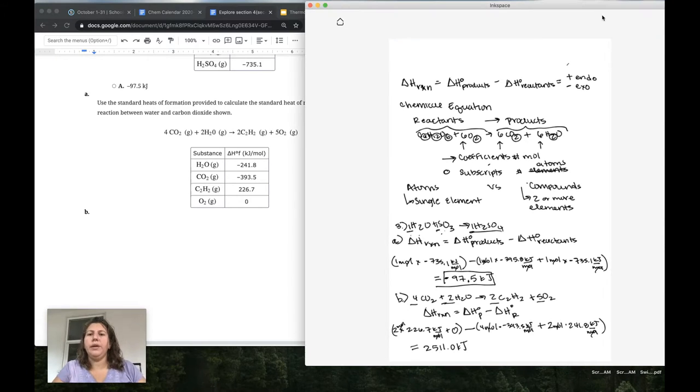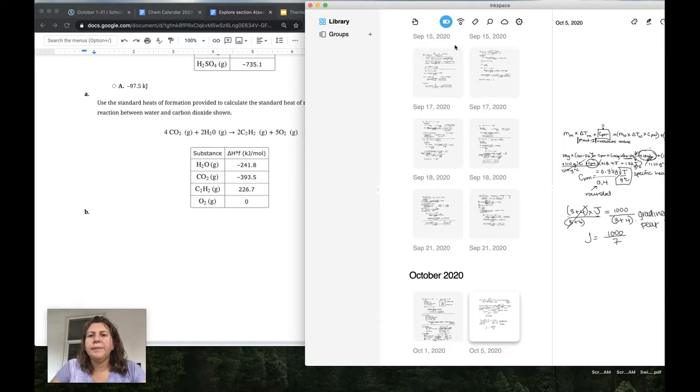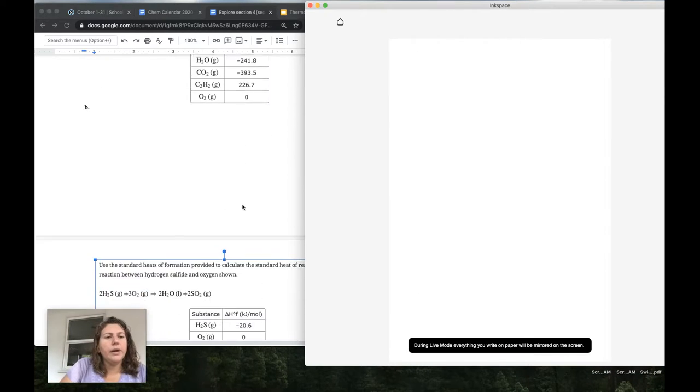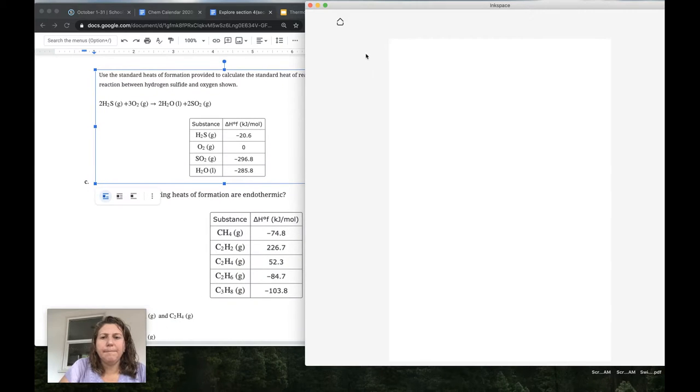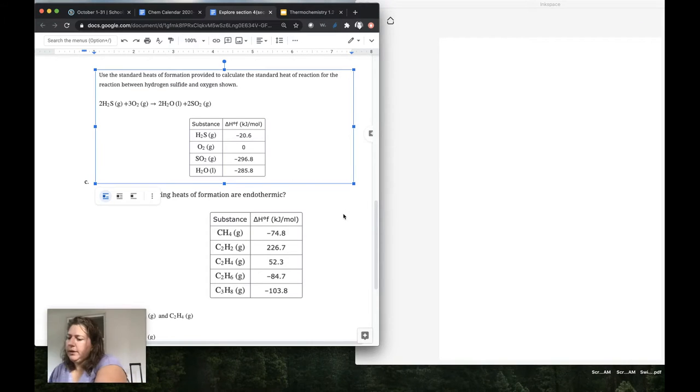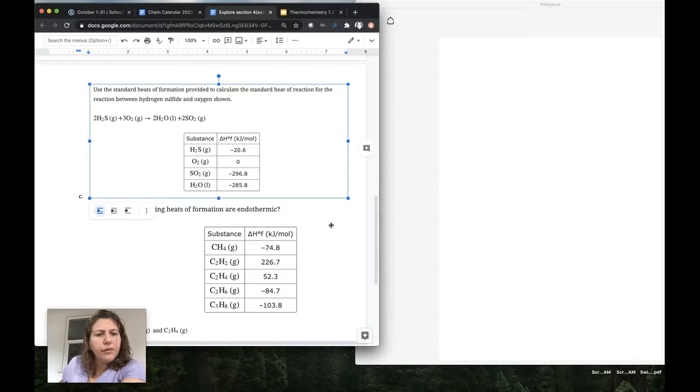Let me get a new page here so we can get it going. So then the last 2 problems, when we're looking at these, is letter C. Use the standard heats of formation provided to calculate the standard heat of reaction for the reaction between hydrogen sulfide and oxygen shown below. All right, so this is letter C. So let's look at this.